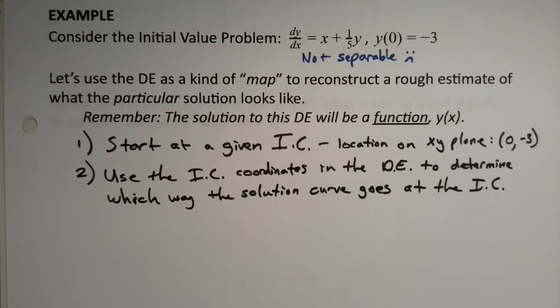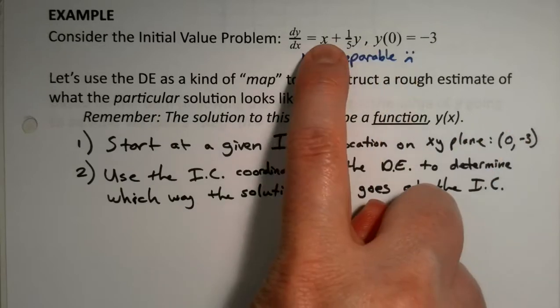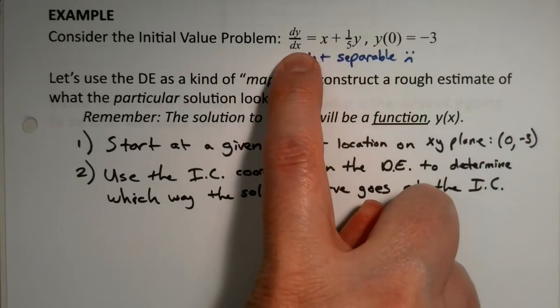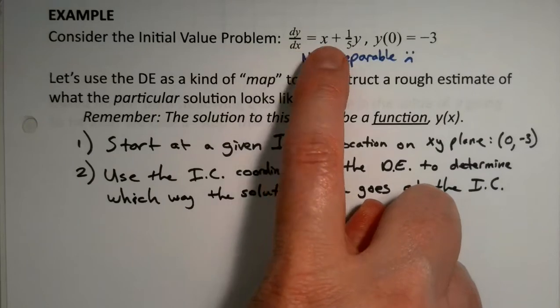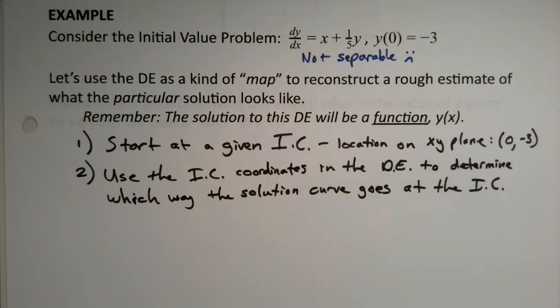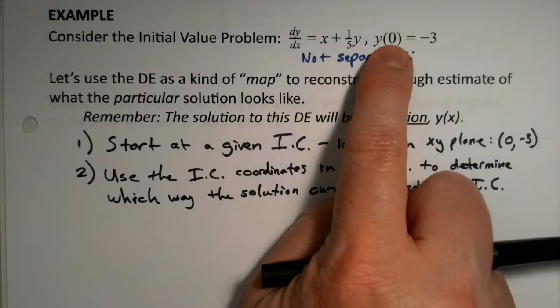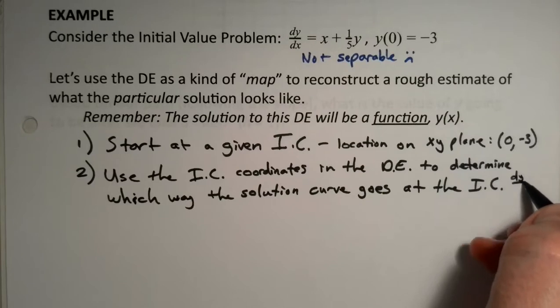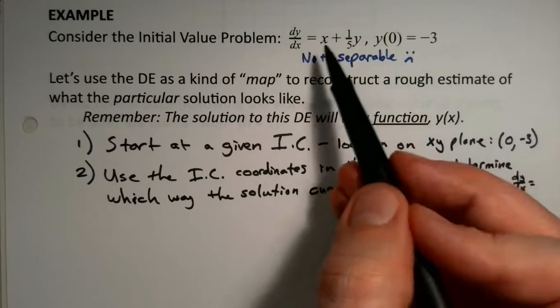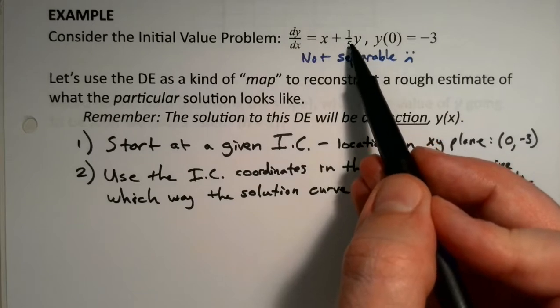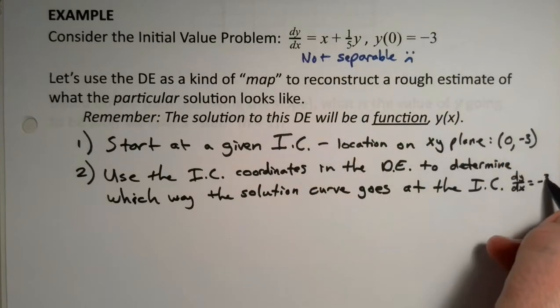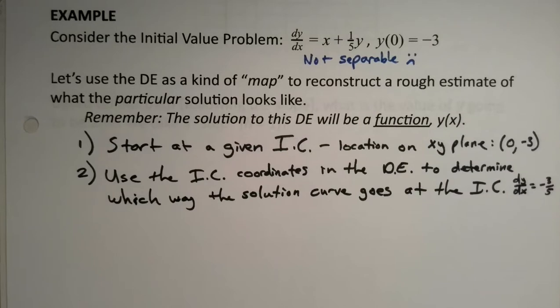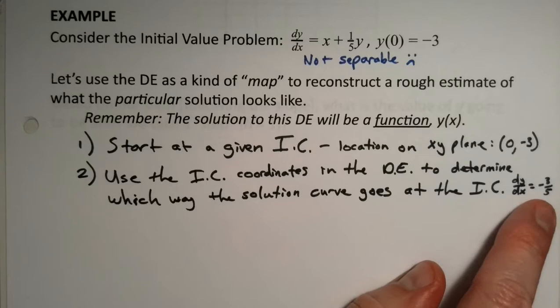If I plug in an x value and a y value into my differential equation, this is going to spit out the slope at that x and y coordinate. And so, for example, at x is 0 and y is -3, that would mean dy/dx equals 0 plus 1/5 of y, so that would be -3/5. So this is saying at the point 0, -3, your solution curve is going to be going in that direction with a slope of -3/5.